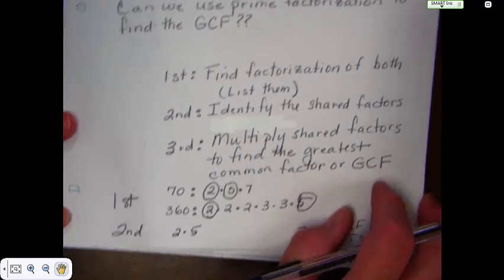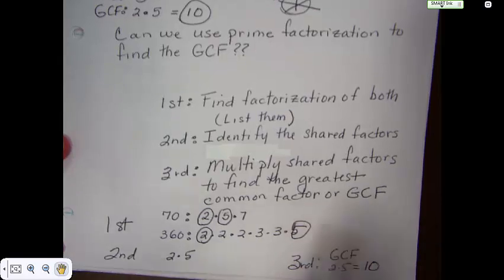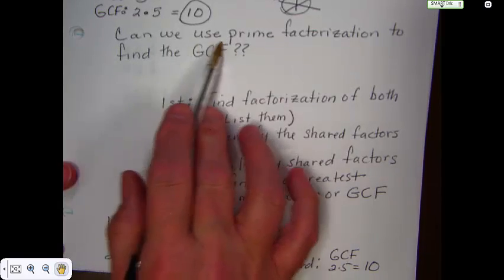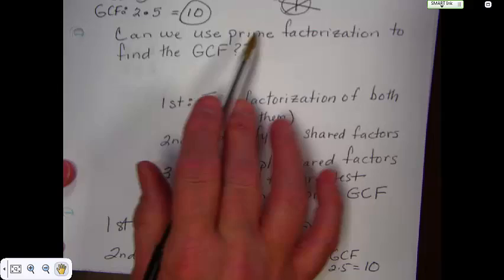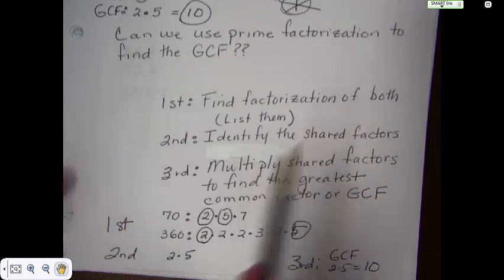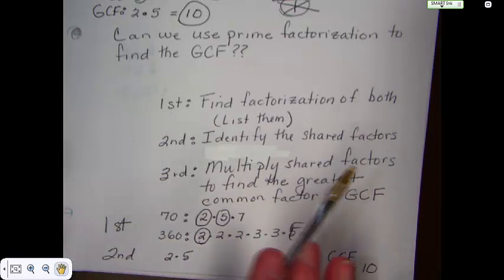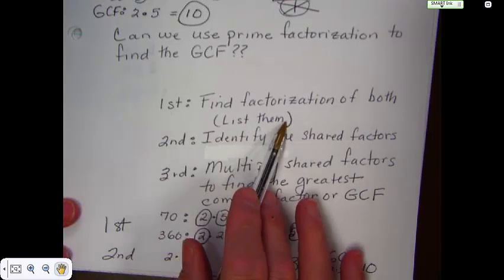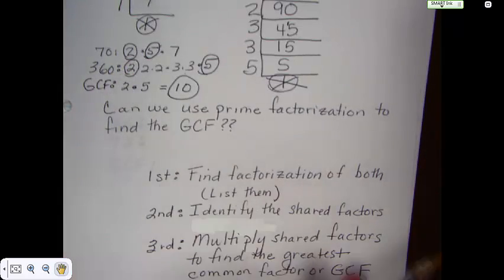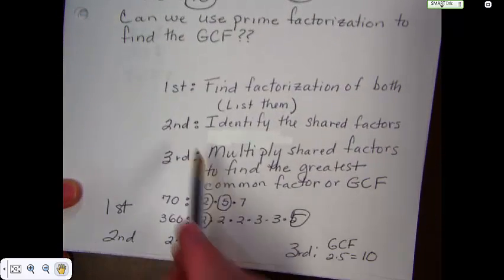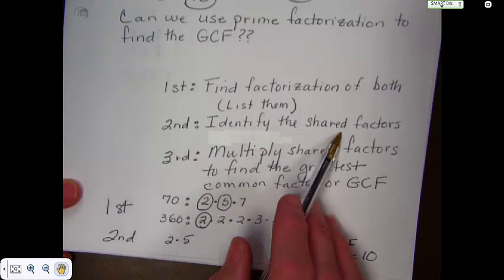Now, here's some nice down and dirty rules that you can write down in your notes. How can we use the prime factorization to find the GCF? First, find the factorization of both numbers. List them out, just like I did right here. Identify the shared factors.